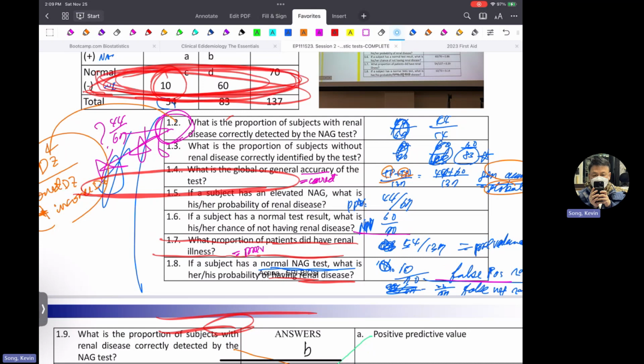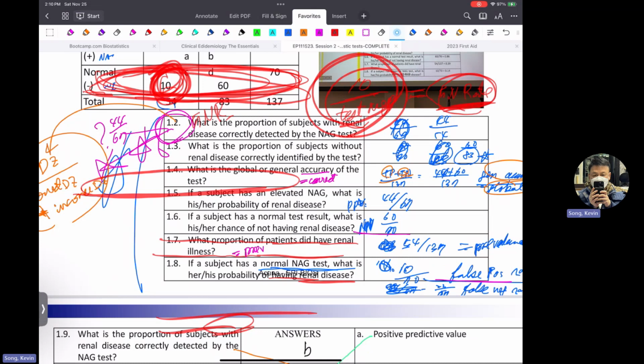And then out of this, having the disease is this value. So what does this value represent? Normal means the test is negative. How do you call this term? This term is called the false negative rate. False negative rate. This is very important.